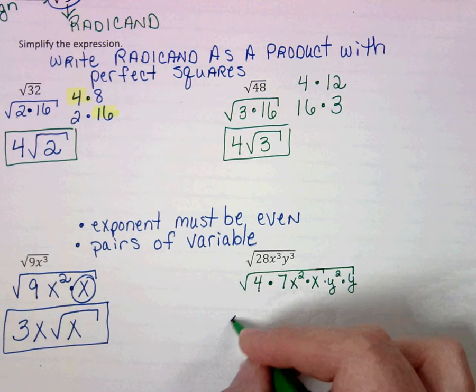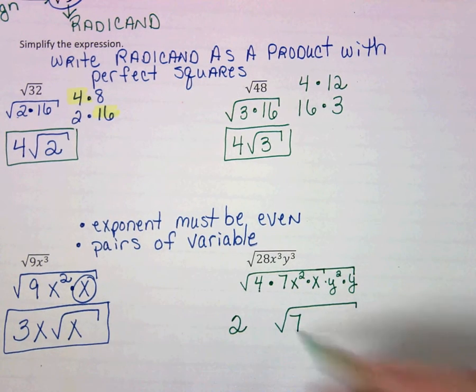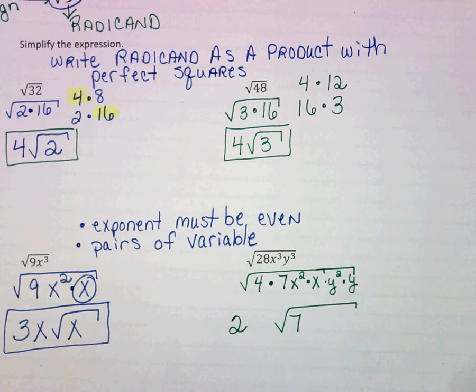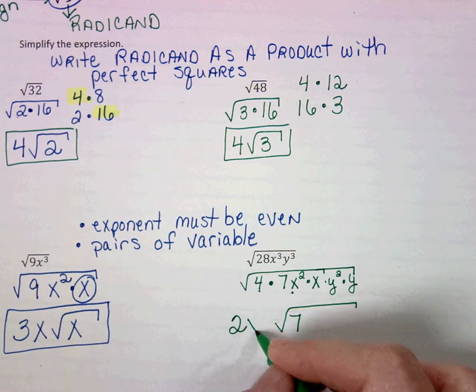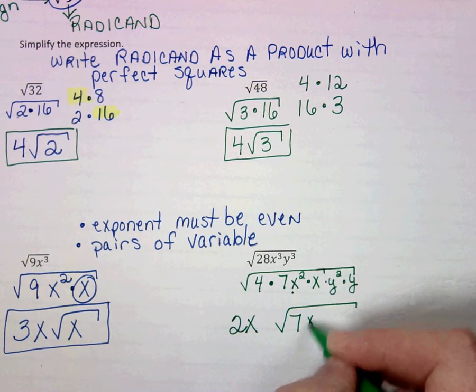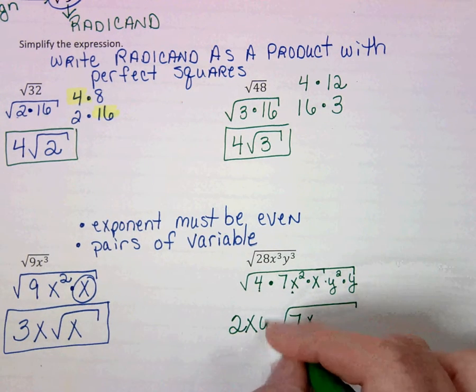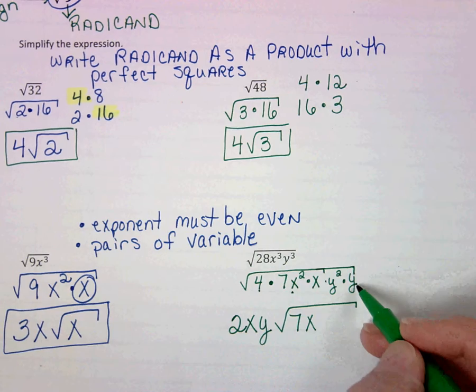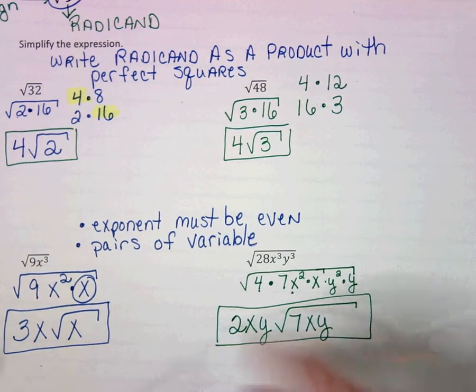The square root of 4 is 2. The 7 is going to stay underneath the radical sign. I have x squared. The square root of x squared is x. I have a lonely old x with no partner. I have the square root of y squared, which is y. And then I have a lonely old y left over. So here would be my simplest form.